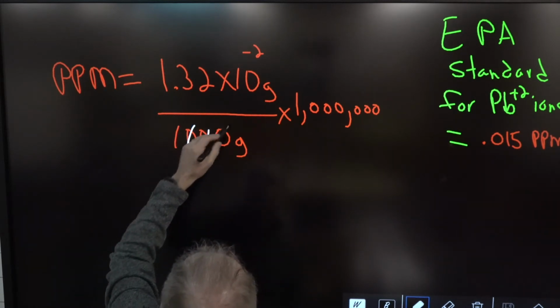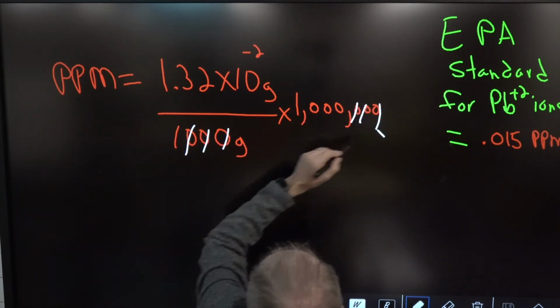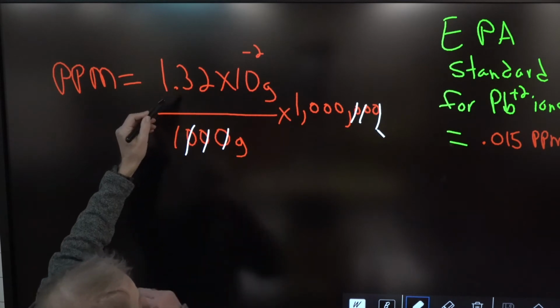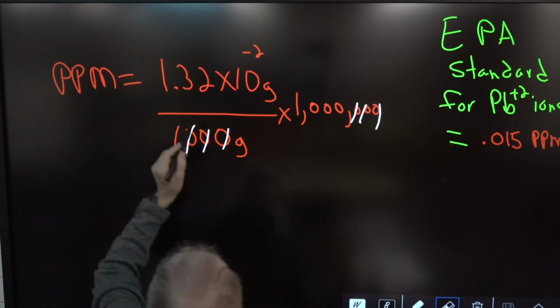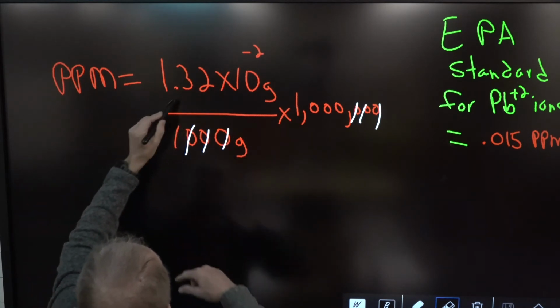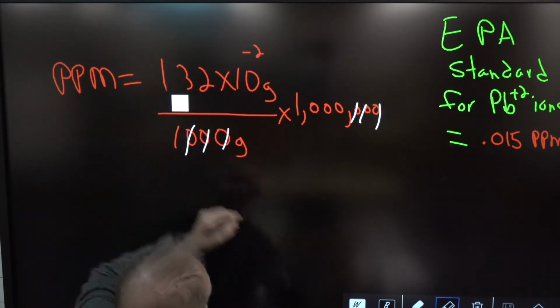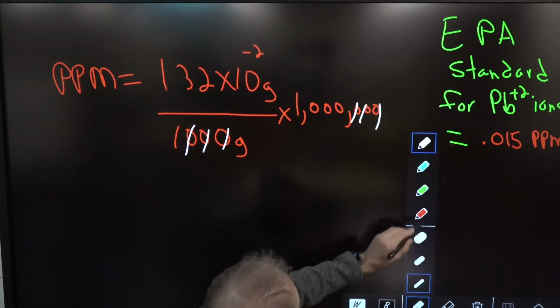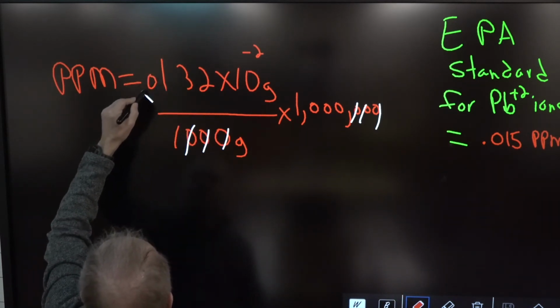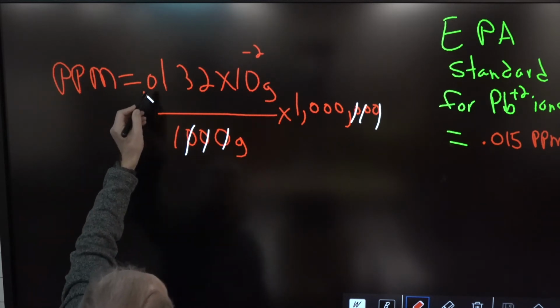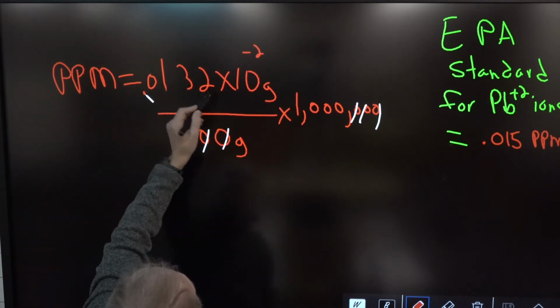So let's do this. We have 1, 2, 3, 1, 2, 3, and now we have to take this out of scientific notation. So we're going to move the decimal place 2 places over. 1, 2, so it's going to be 0.0132, okay?